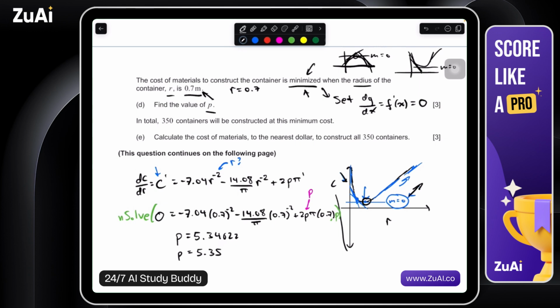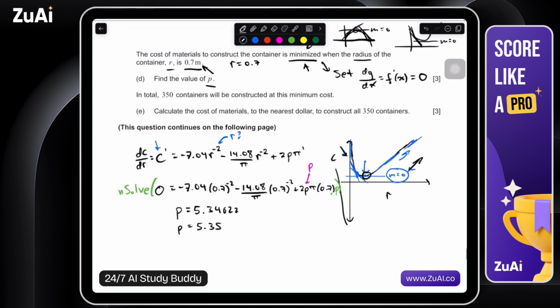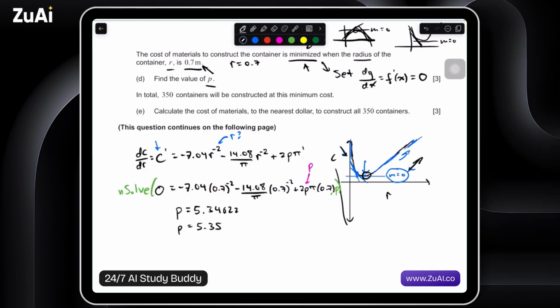Let's go on to question E. In total, 350 containers will be constructed at this minimum cost. Calculate the cost of materials to the nearest dollar to construct all 350 containers. Okay, so this is actually an interesting question.